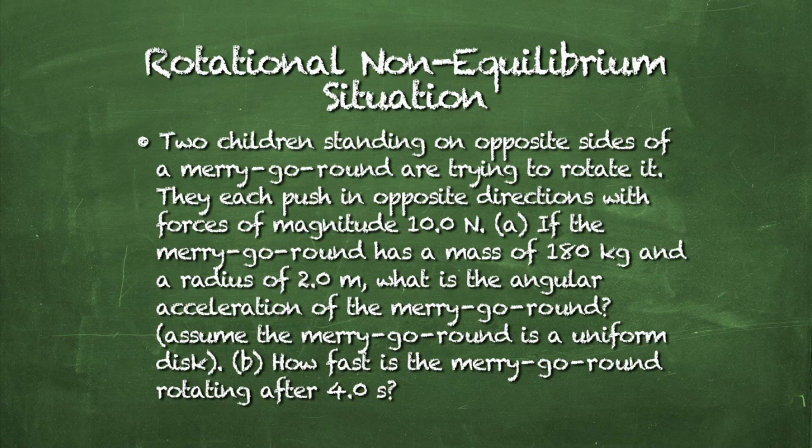And question 2 is, how fast is the merry-go-round rotating after 4 seconds? This is actually 2 questions that we can answer at once. So please diagram the situation as a rotational kinematic situation and also a rotational non-equilibrium situation.